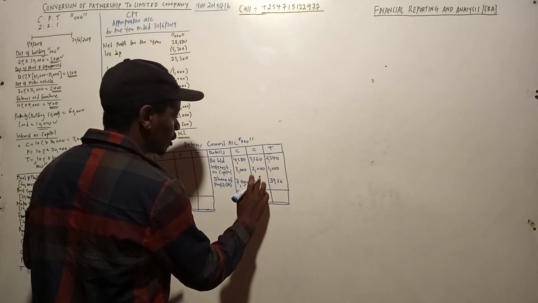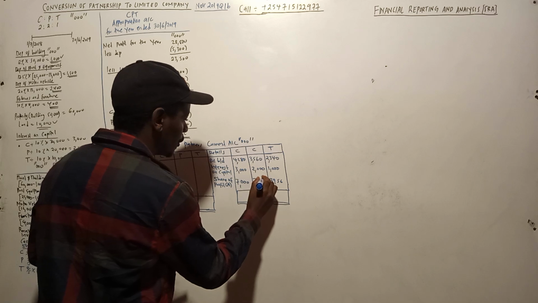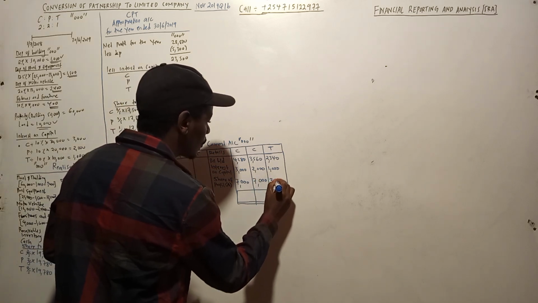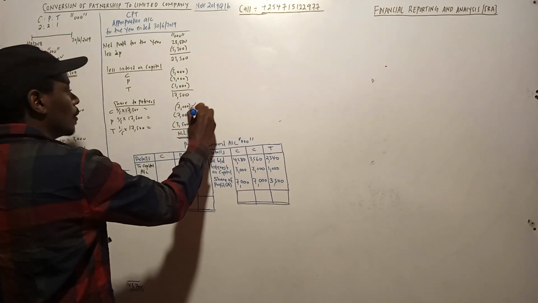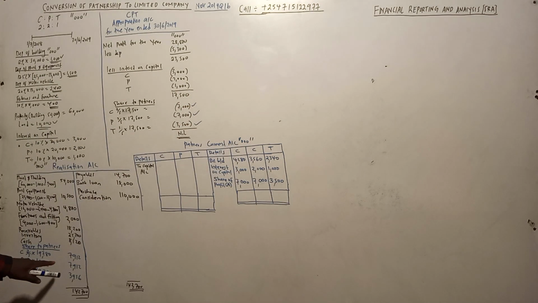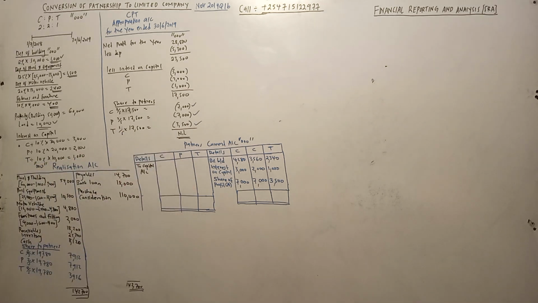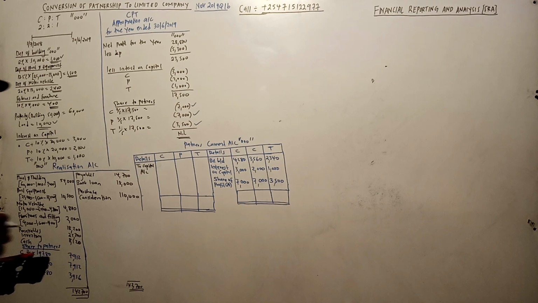So it is supposed to be 7,000, 7,000 and 3,500. When we add them together, 2340 plus 1,000 plus 3,500 is 6840.